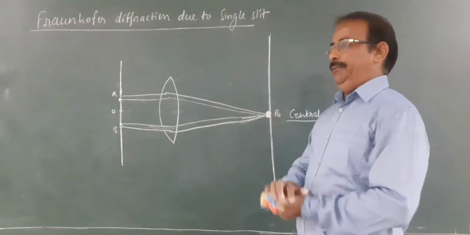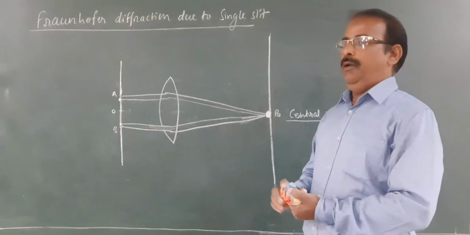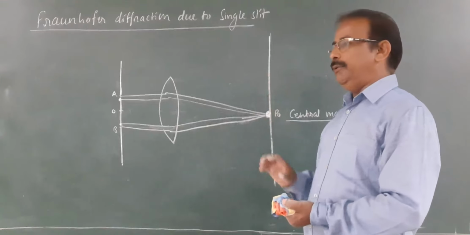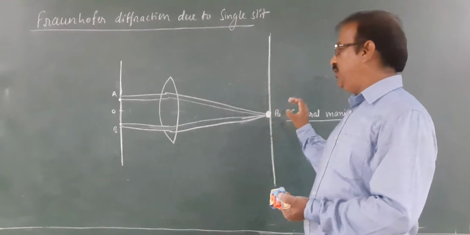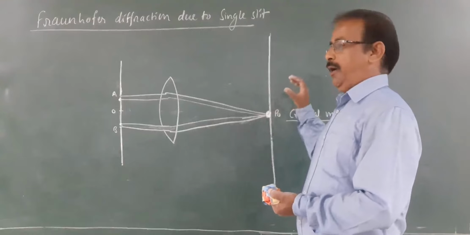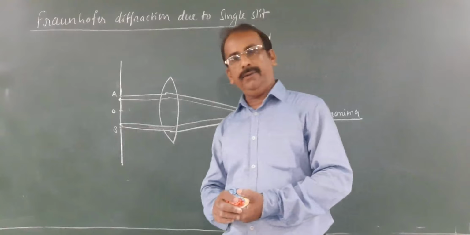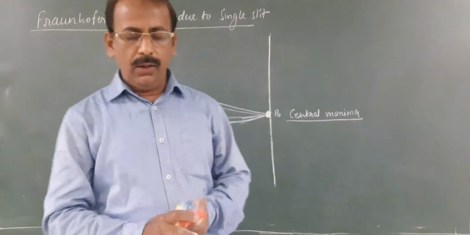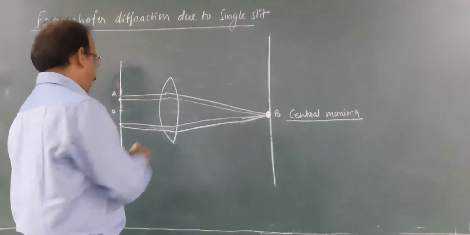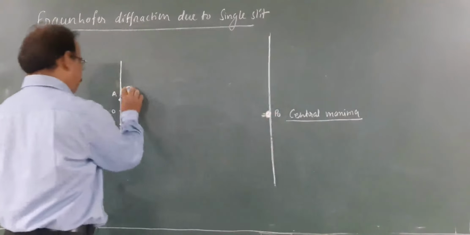I will explain the formation of secondary minima and the formation of secondary maxima. Then we will see how much is the width of this central maxima and how much are the widths of secondary minima and secondary maxima. First I will explain the formation of secondary minima.